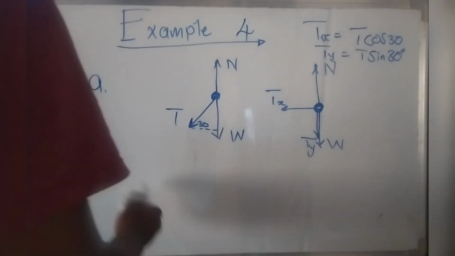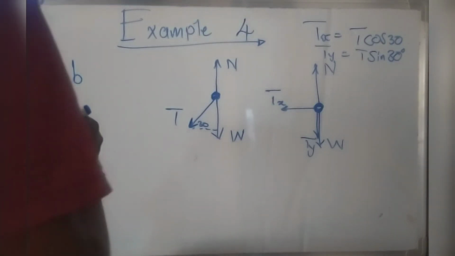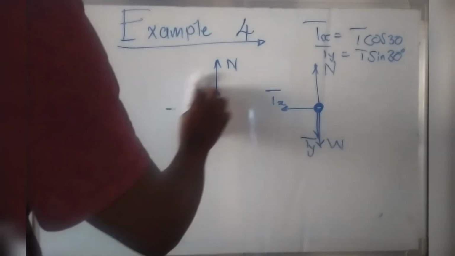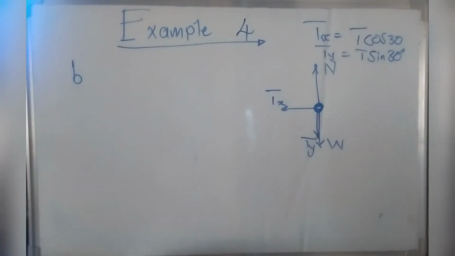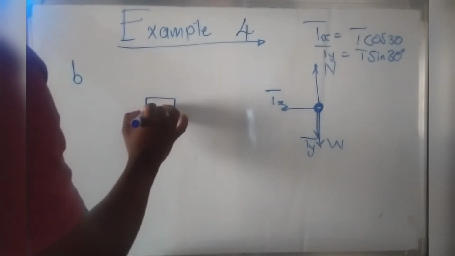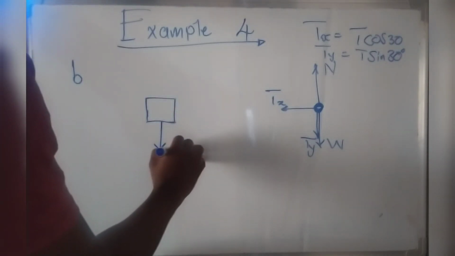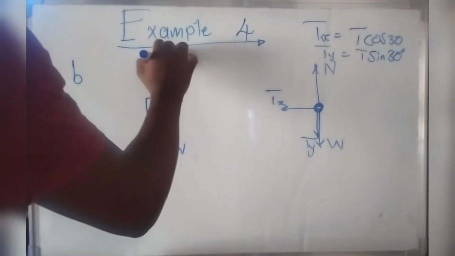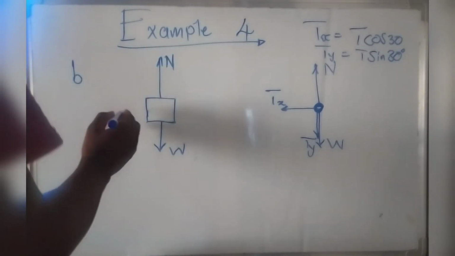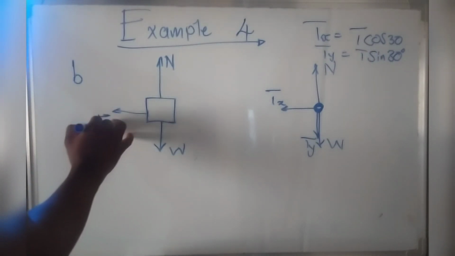Let's go to B. Let me just erase this. I'll keep this as it is. Draw a force diagram of all the forces acting on the cart. This is your cart. There is the weight, the normal force, and the friction. There should be friction if this thing is not moving.